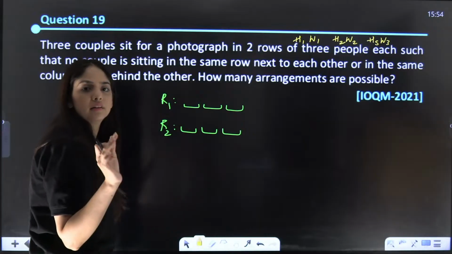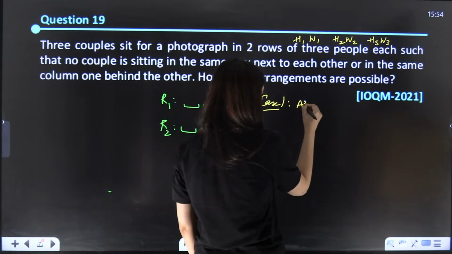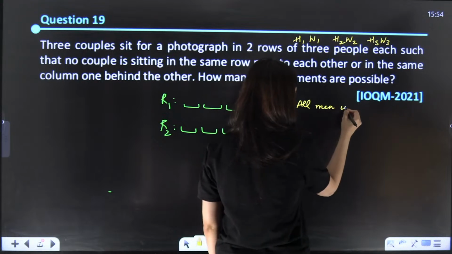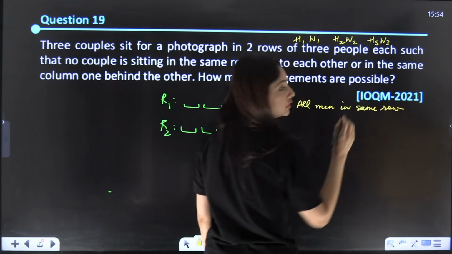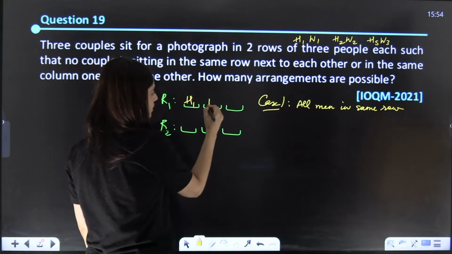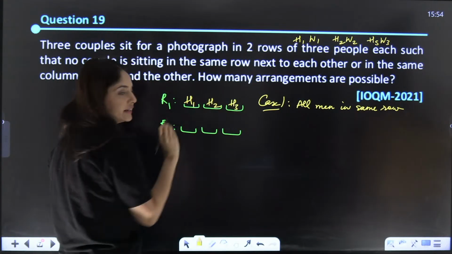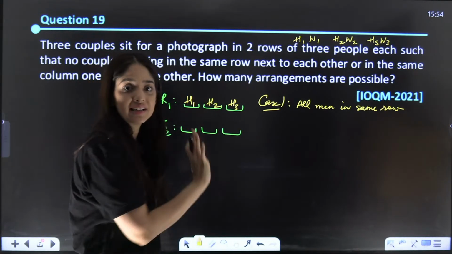Now, let's take it case by case. Case 1 is all men in the same row. Let's say it's in row 1. So, all men are in the same row. Now, what is the possibility? First, let's arrange these men.